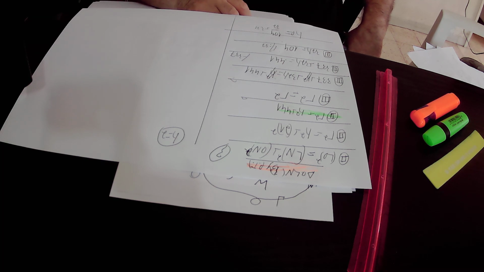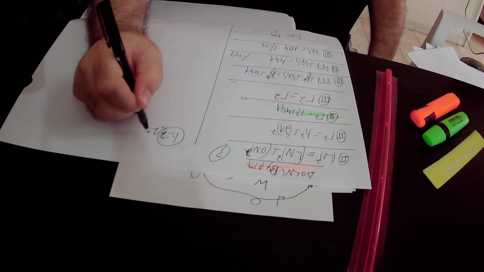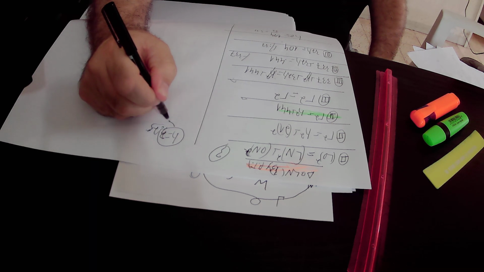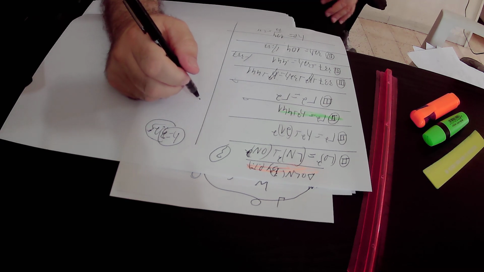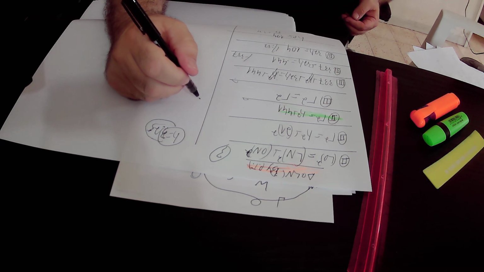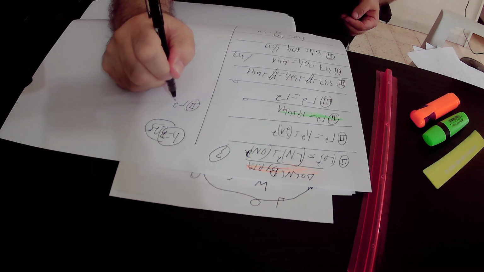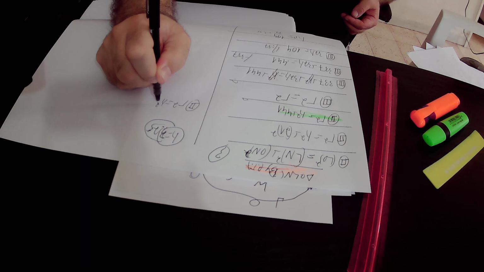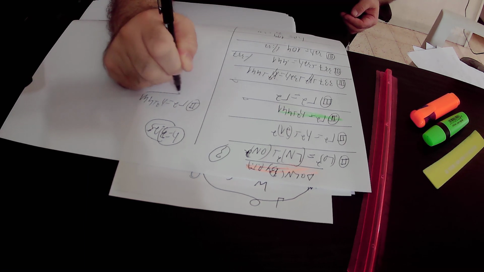The next step is to substitute h in equation number 2 by 3.25 units. According to equation number 2, we found that r squared equals h squared plus 441.